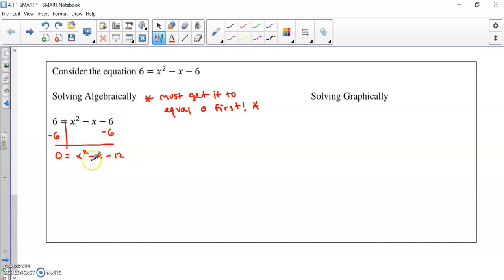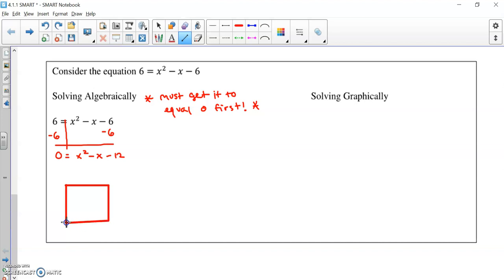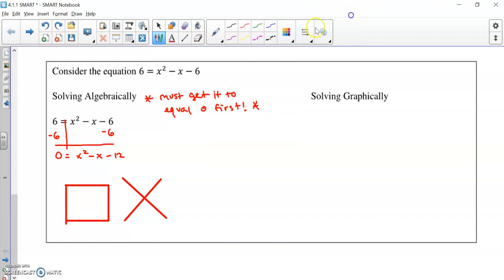So now I have a regular quadratic equation, and I am ready to solve that, and I can do that by factoring. So we can go ahead and set up a box and diamond here. Okay, so now let's go ahead and set it up.